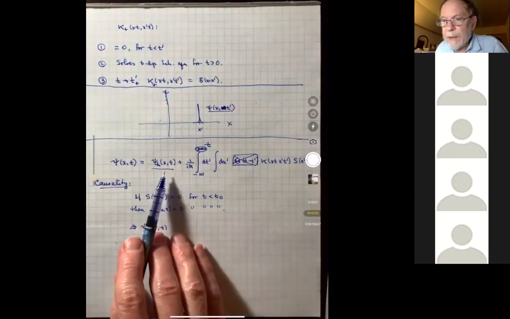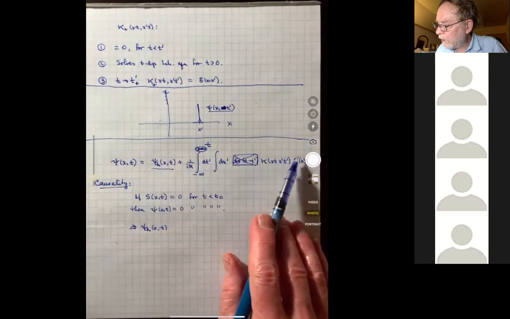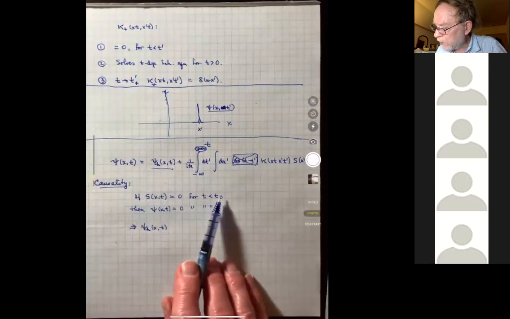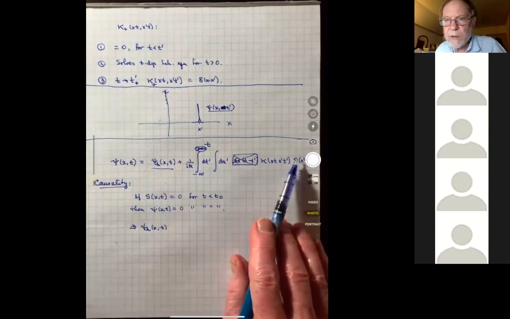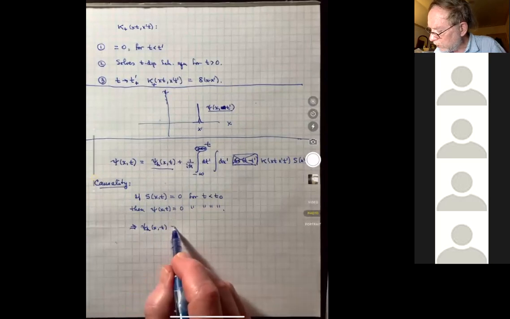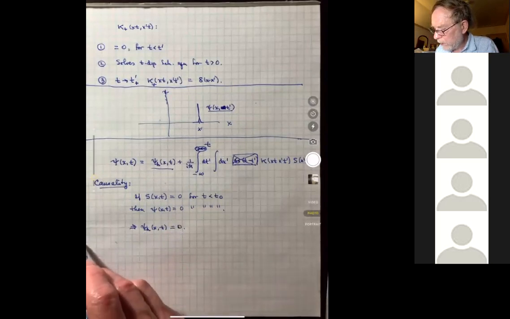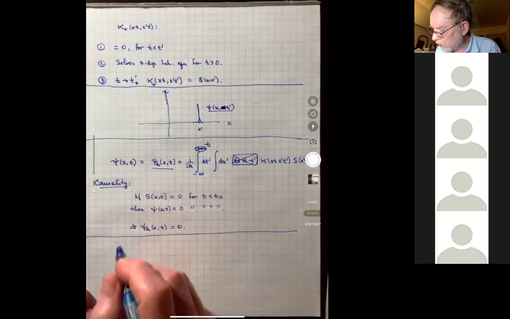So there is no negative time, no matter how large t gets negative, for which psi homogeneous is equal to 0. On the other hand, the rest of this integral, if s satisfies this condition and didn't start before t0, vanishes for t less than t0. And so the conclusion is that psi homogeneous must equal 0. So for a causal solution, we have this formula, but without the psi h.